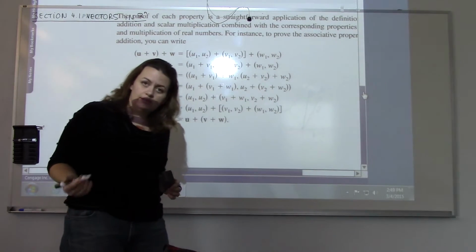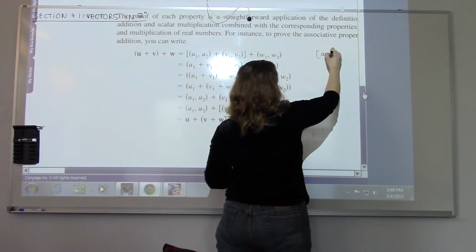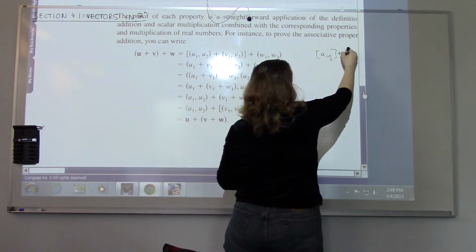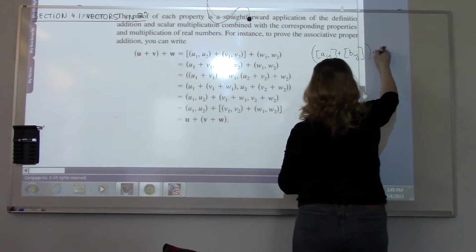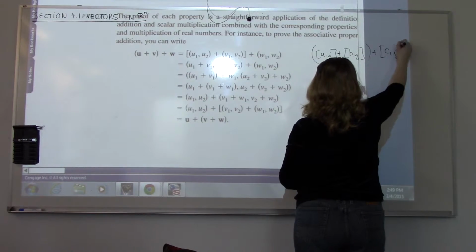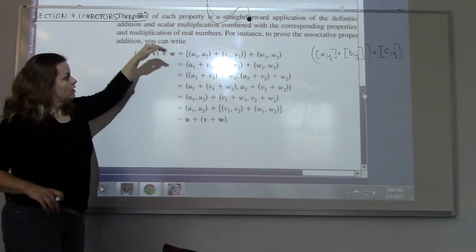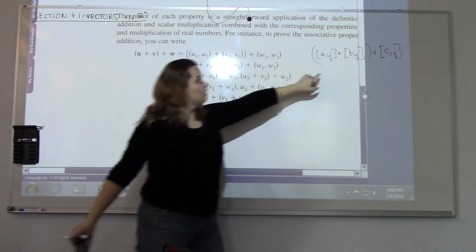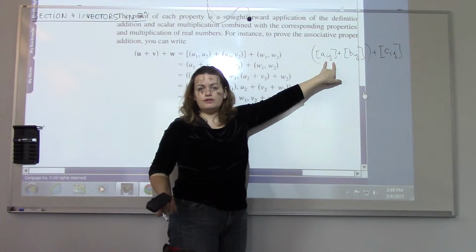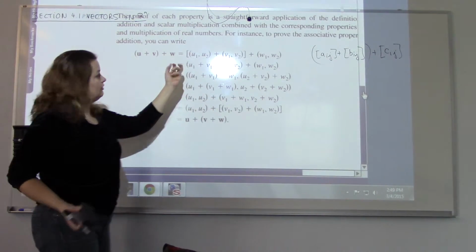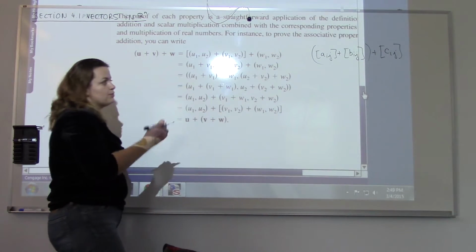In the case of matrices, we wrote these as aij plus bij plus cij. This is the same exact property that we're proving, but it's a more specialized case, because now instead of having m times n entries in each array, we only have 2 entries, so it's easier. The principle is the same.